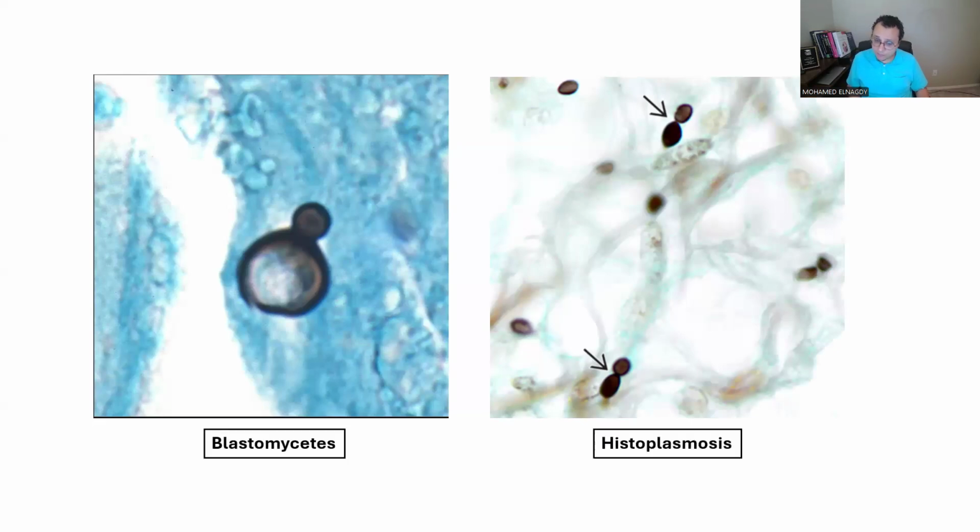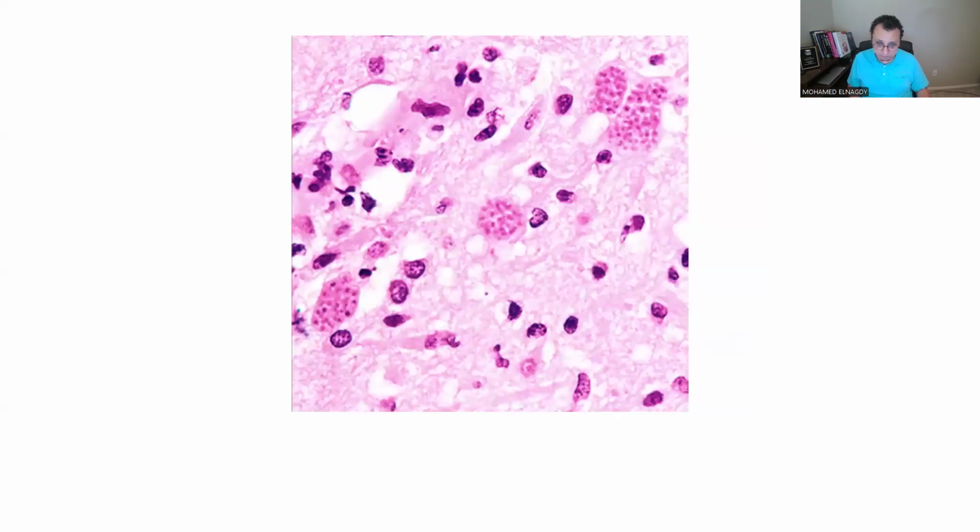And then you see the two other fungi, the broad-based budding, BBB with the B, blastomycetes. And then you have the narrow-based budding, that's histoplasma capsulatum. And then we have these sacs of tachyzoids with a background brain degeneration. That's toxoplasmosis.